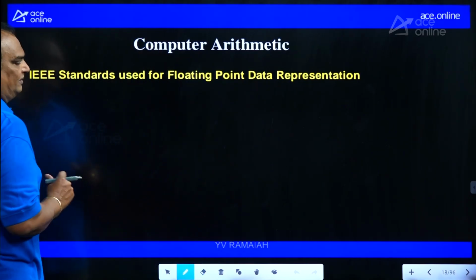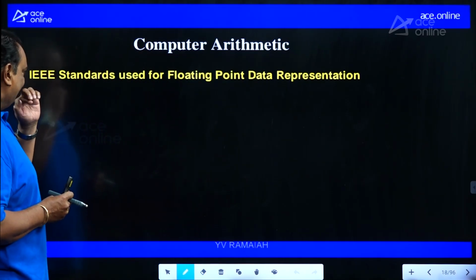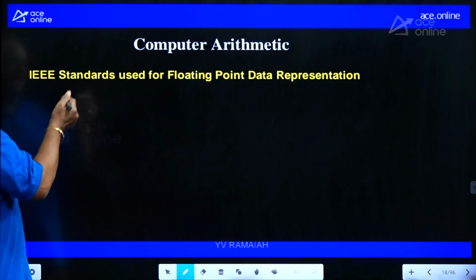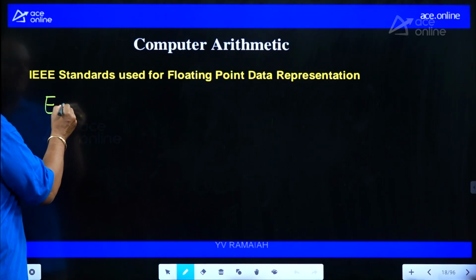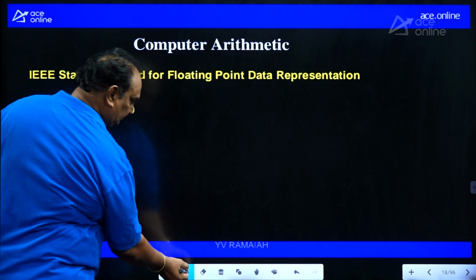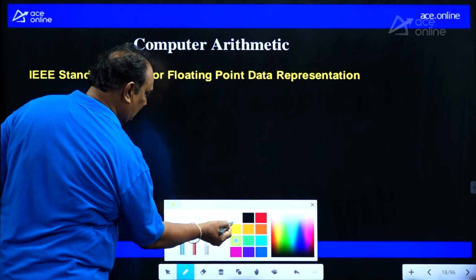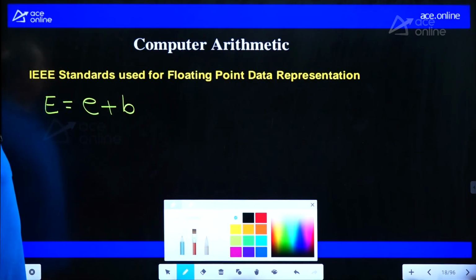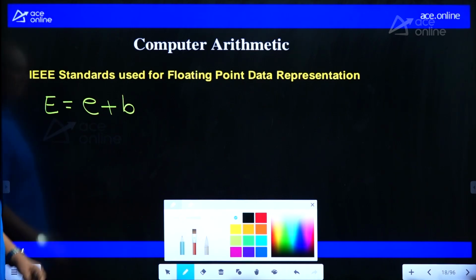In our style, capital E is used to represent the biased exponent. Already I explained, capital E is nothing but small e plus B. Capital E is the biased, unsigned exponent; small e is the signed exponent; B is the amount to be biased.